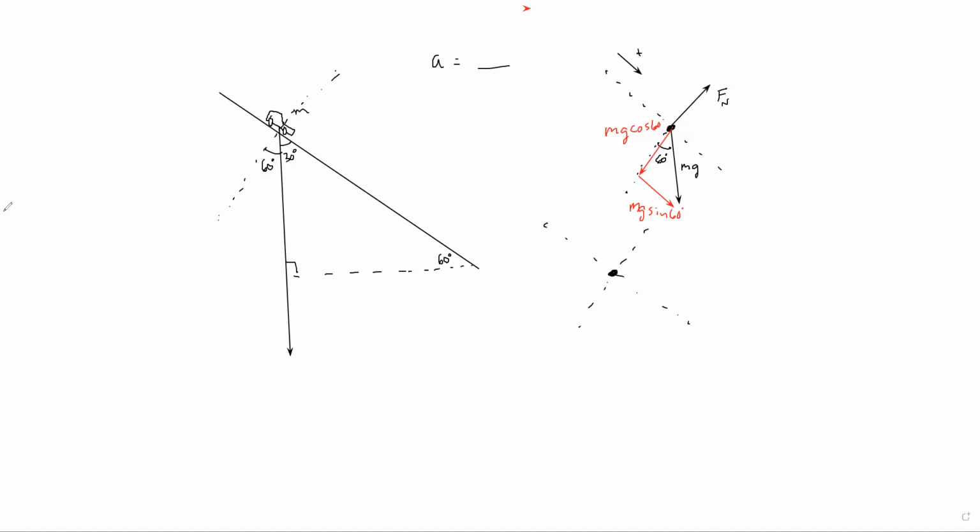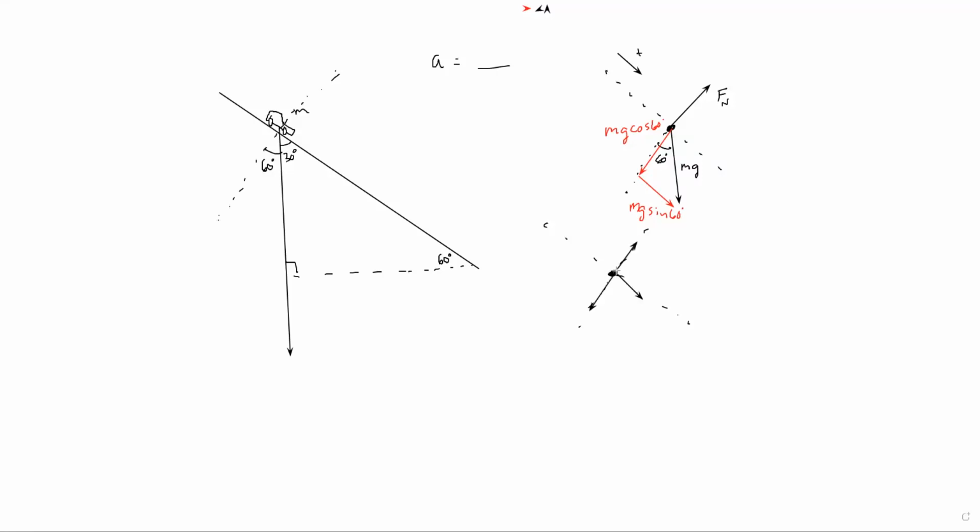If I go ahead and redraw this right here, then there's my x component. And I got my y component.